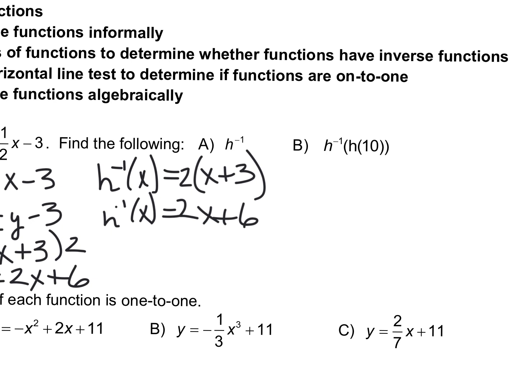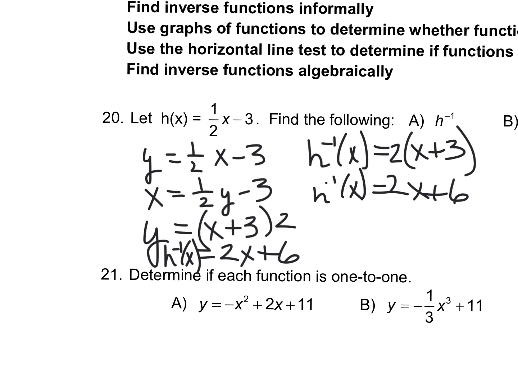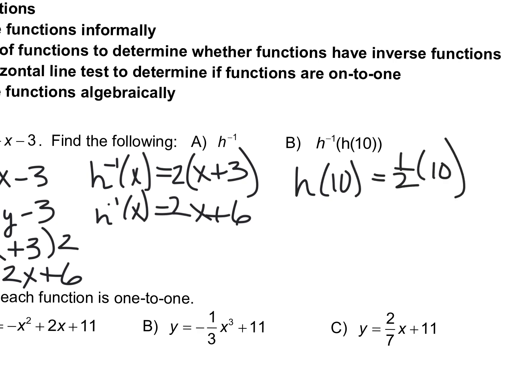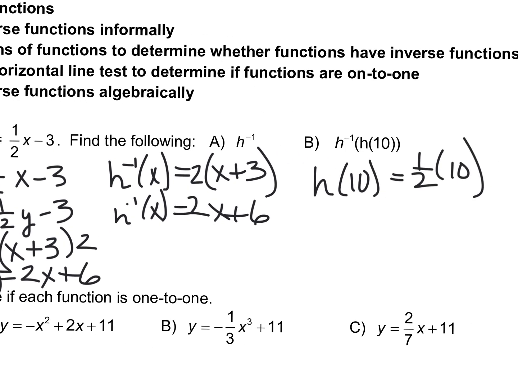Then they want you to find h inverse of h of 10. Well, one, I'm just going to do the brute force calculation, see what happens. Notationally, I don't like it, so I'm just going to write what h of 10 is first. If I do h of 10, this would be 1/2 times 10 minus 3, which would be 5 minus 3, which is 2.